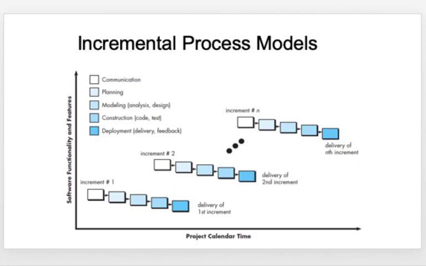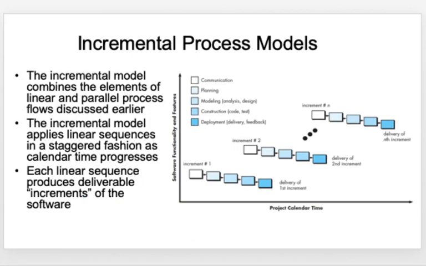It goes through planning, modeling, construction and deployment. When you look at the incremental process model, this model is a combination of the linear and parallel process flows. The incremental model applies the linear sequence in a staggered fashion as calendar time progresses, and each linear sequence will produce a deliverable increment of the software.